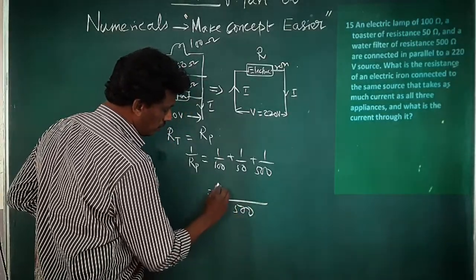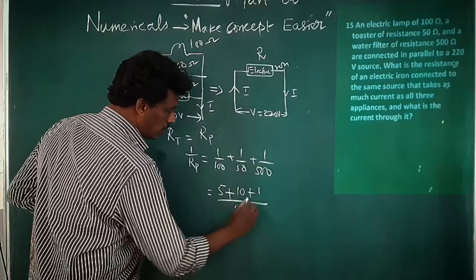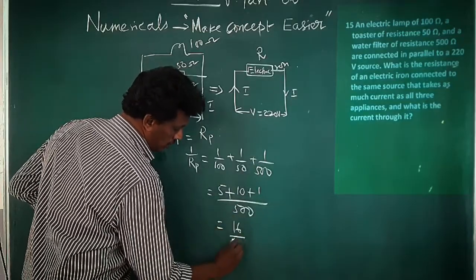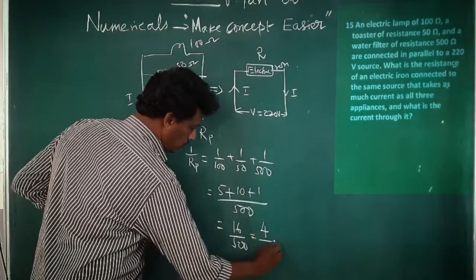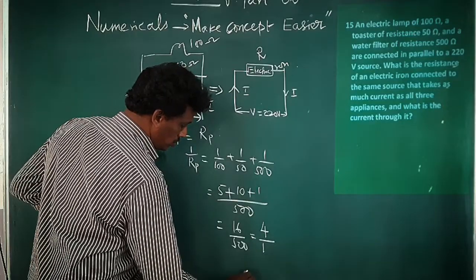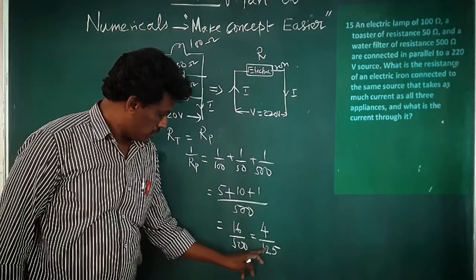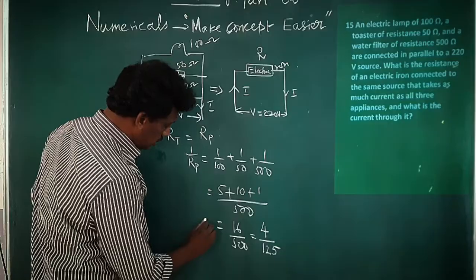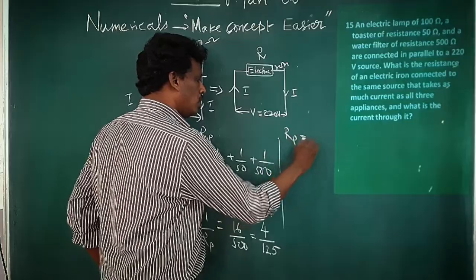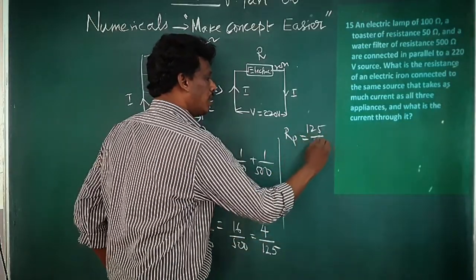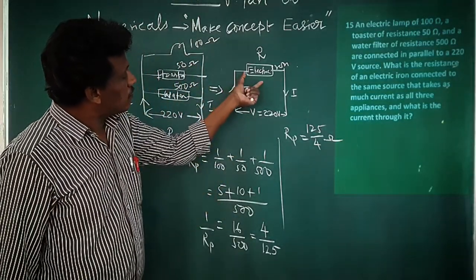Here you have 5, 50, so 10 and 1, which is equal to 16 by 500. So this is 1 by RP. Now what is RP, the total resistance? 125 ohm. What will be the resistance of the electric iron?